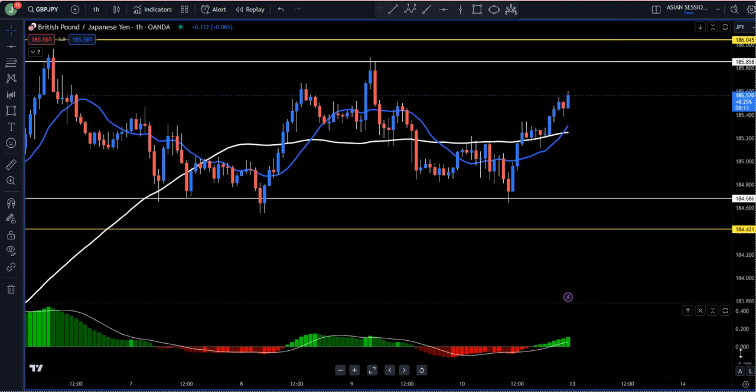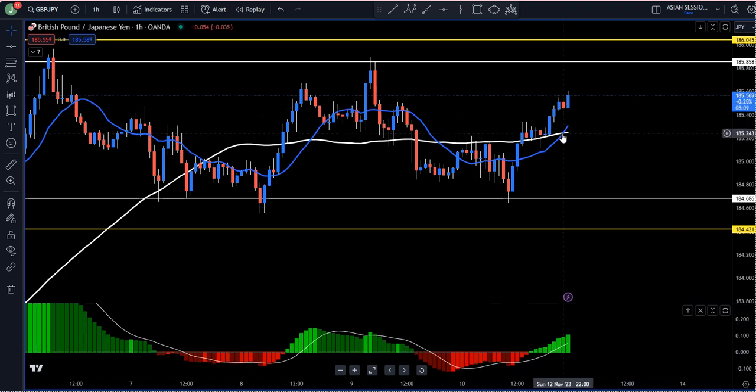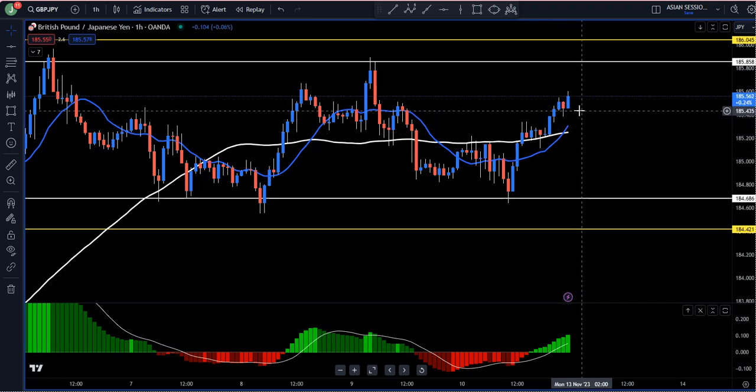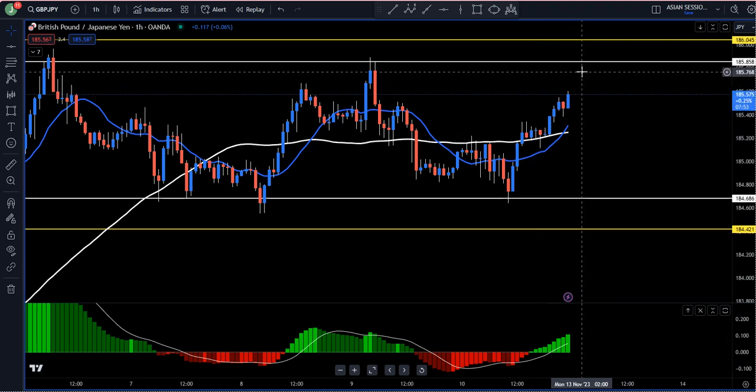I'm starting to look at my MACD on the hour as well. We have a crossover of the moving averages, which also signifies volume, in the direction of the cross. And it's a bullish crossover. So we are certainly heading up to our daily resistance.